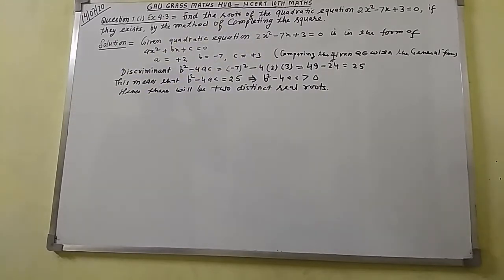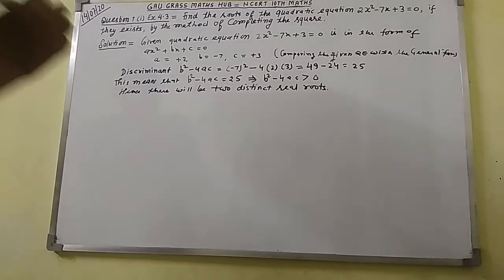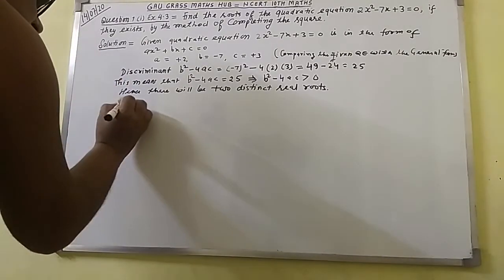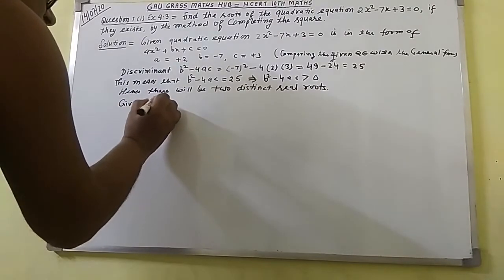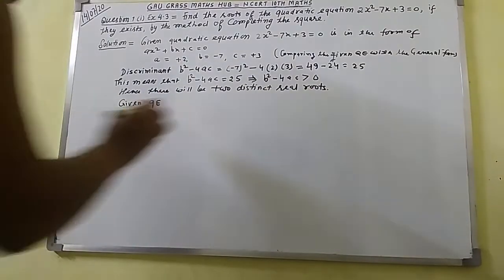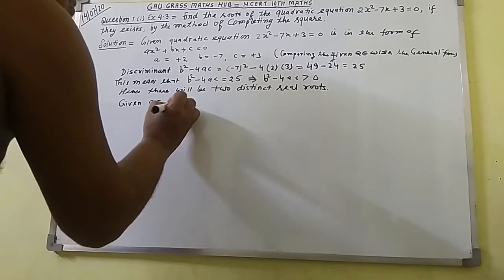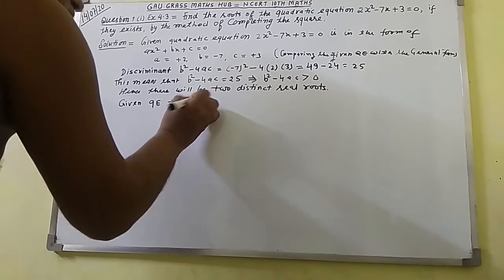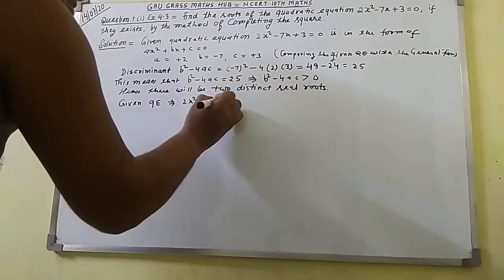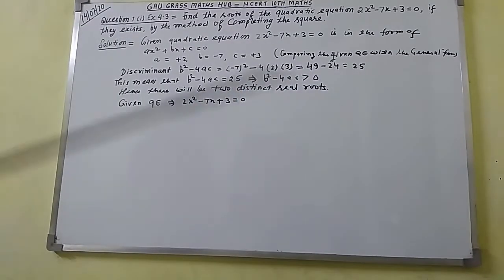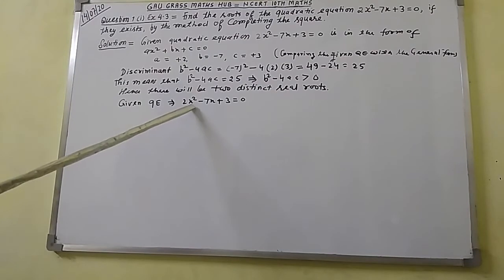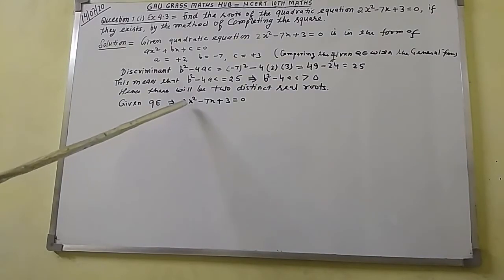Here I shall write given quadratic equation once again. Given QE, that is 2x square minus 7x plus 3 equal to 0. Here you can see the coefficient of x square is plus 2.